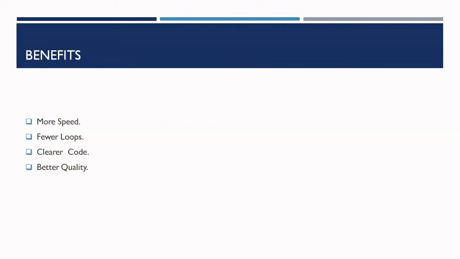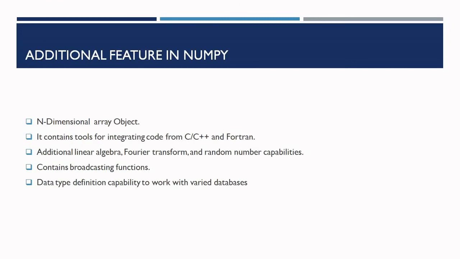Clearer code: without loops, our code looks more like the equations we are trying to calculate. Better quality: thousands of contributors work to keep Numpy fast, friendly and bug free. Because of these benefits, it's always recommended to use Numpy when dealing with complex mathematical operations.